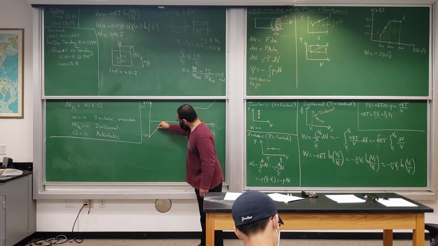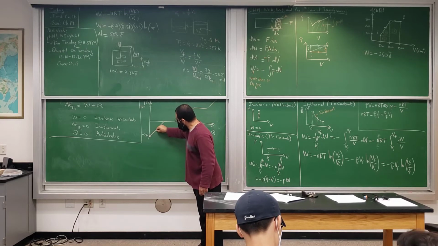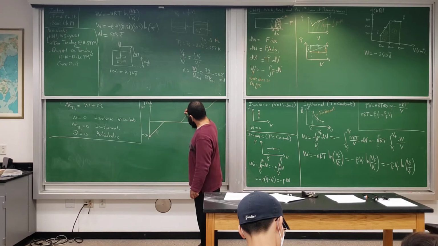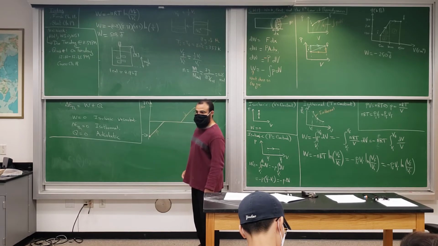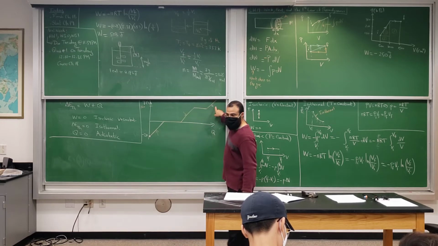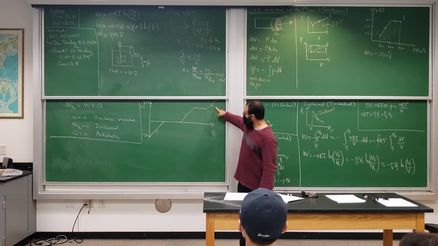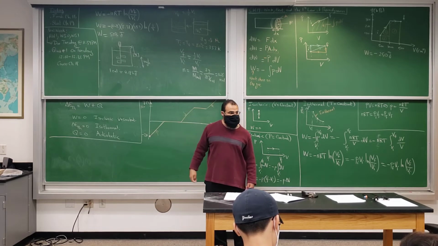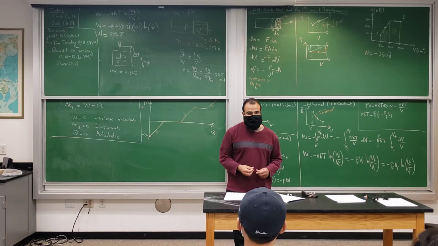The slope of this curve will be called the specific heat of ice. The slope of this curve is the specific heat of water. The slope of this curve will be the specific heat of the gas or steam. And these horizontal lines will be the latent heat.